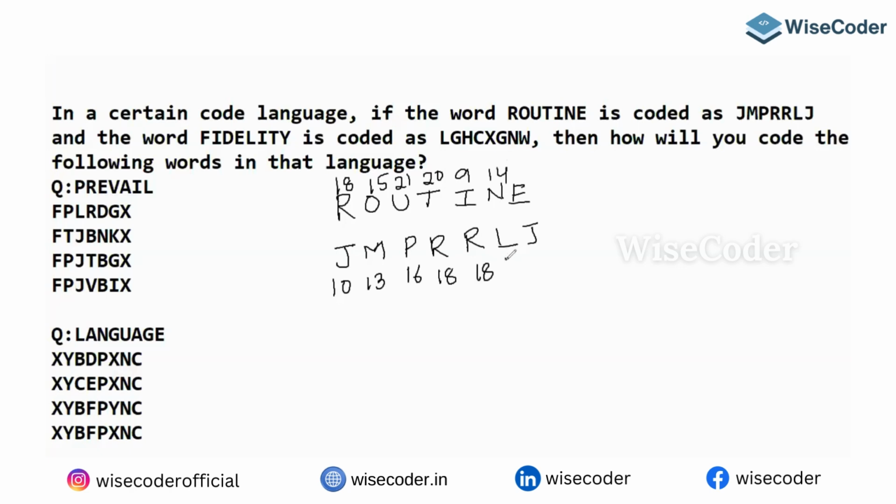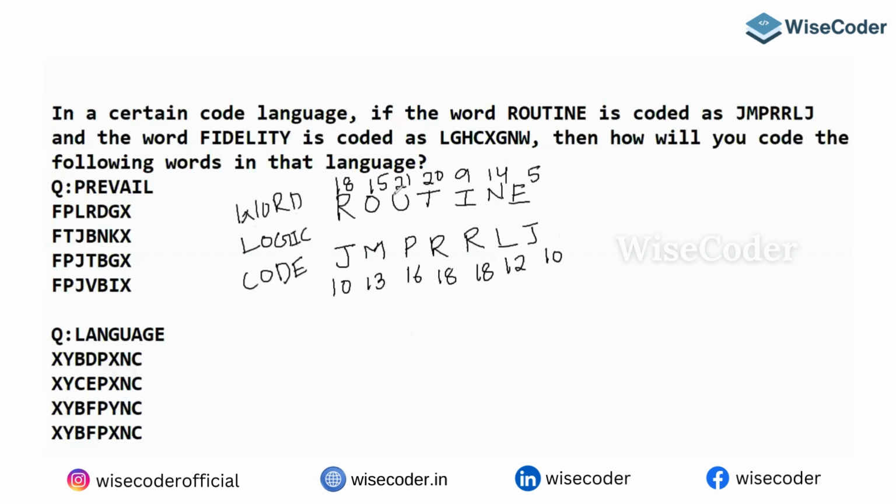L is 12th, 5th, and the last one is 10th. So this is your word and this is your code. So what is the logic? I need to figure out the logic here.